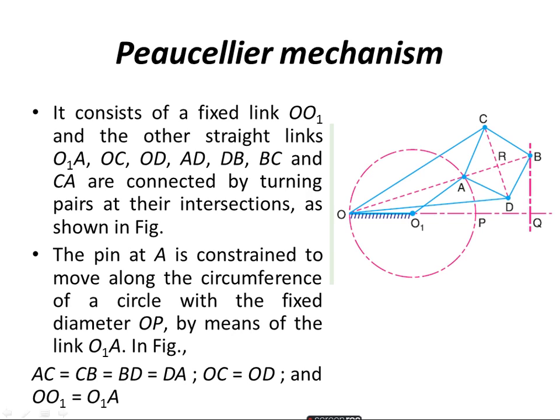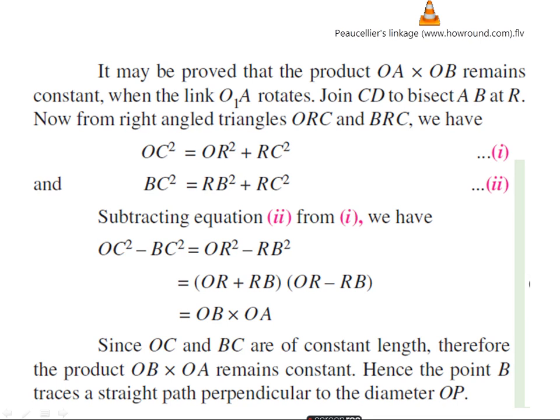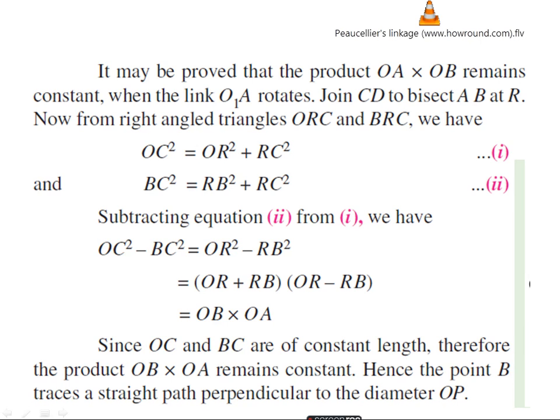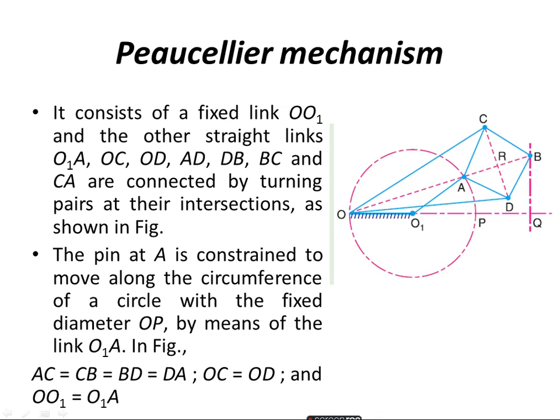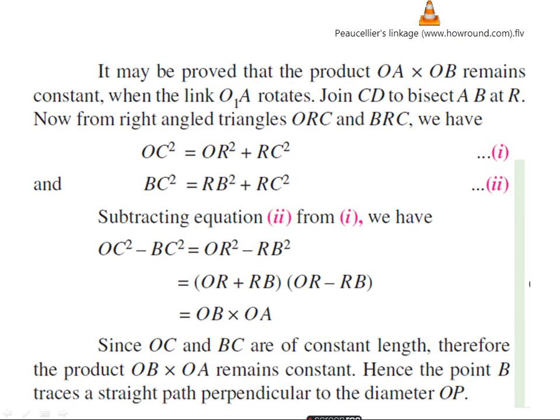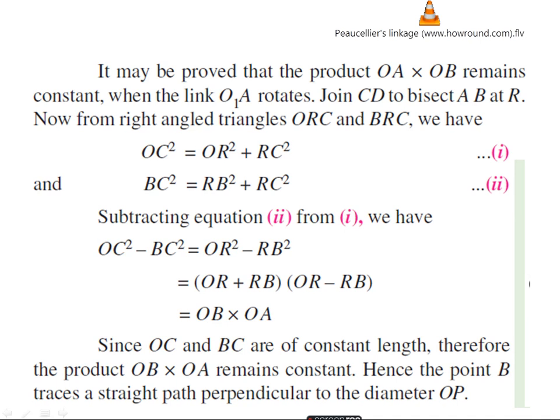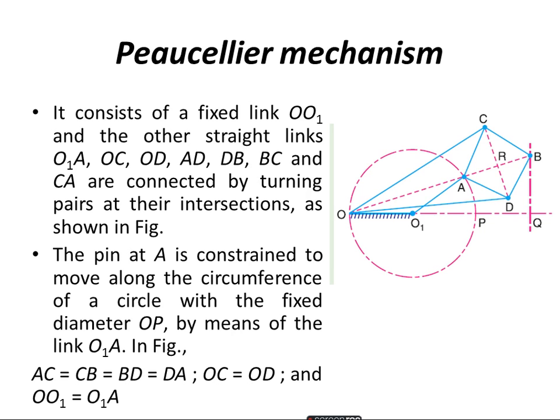The diagonal square is nothing but the other two sides' squares. So OC is the diagonal here, and OC square is OR square plus RC square. Similarly, from this shorter triangle, the diagonal is BC. So BC square is equal to RB square plus RC square.